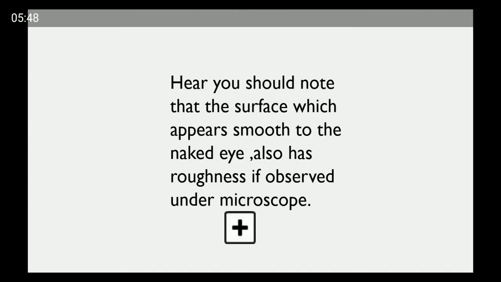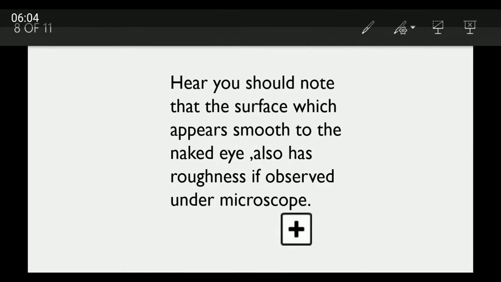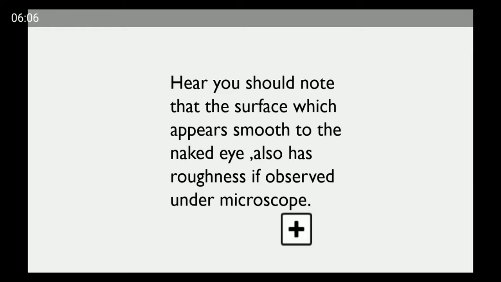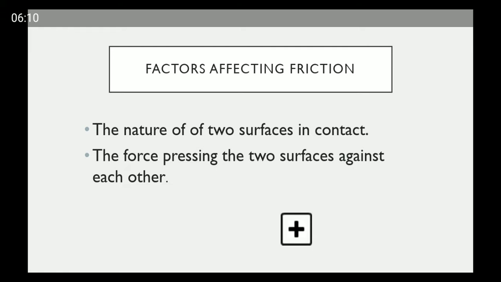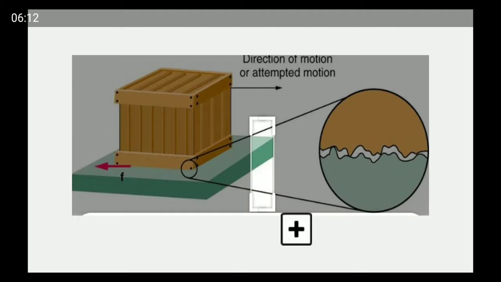Here we have to understand that a surface which appears even and smooth to the naked eye also has roughness if observed under a microscope. See the microscopic observation.